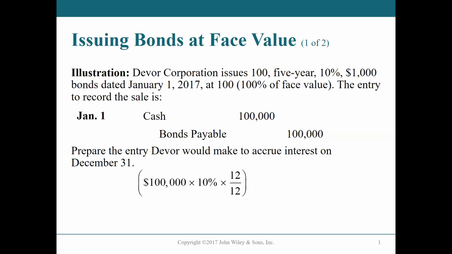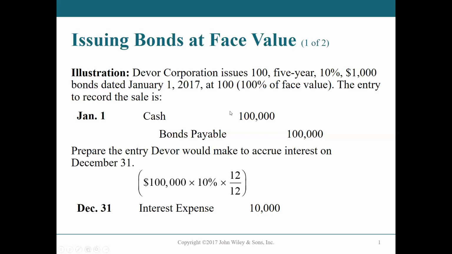The next thing we'll have to do is record interest each time the bond pays interest. If we issued this bond on January 1st, most of the time bonds pay interest semi-annually, every 6 months, although it looks like this one might only pay it once a year.